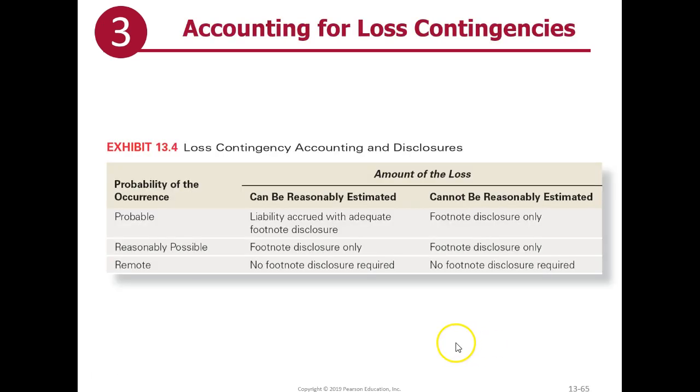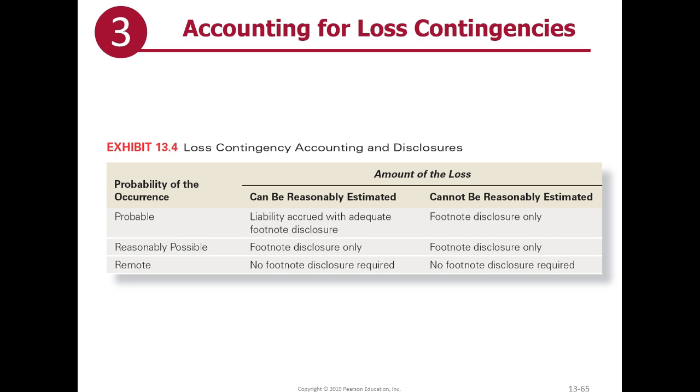This nice little table will help us. We have our three possibilities of probabilities on the left and whether it can be reasonably estimated. Notice that under probable and can be reasonably estimated, that's when we recognize the liability, we recognize the loss, and we have to describe it in the footnotes. If you can't reasonably estimate it, but it is probable, let's at least talk about it in the footnotes.